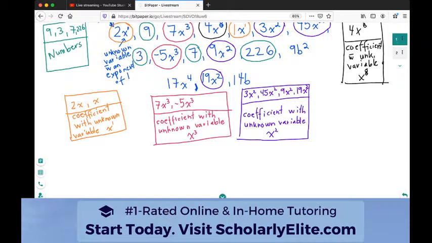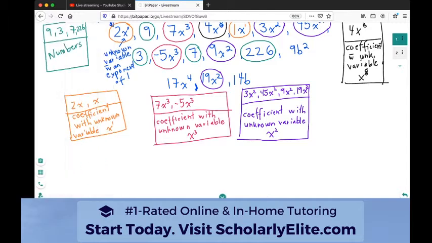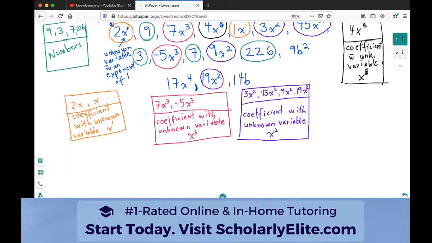But basically what we're saying here is that if I was to bring these together, usually what we like to do is bring the ones with the largest exponents to the front. So let's go ahead and do that. So we've got 4x to the power of 8 here. And then we'll add up what else we have left here, which is 17x to the power of 4.